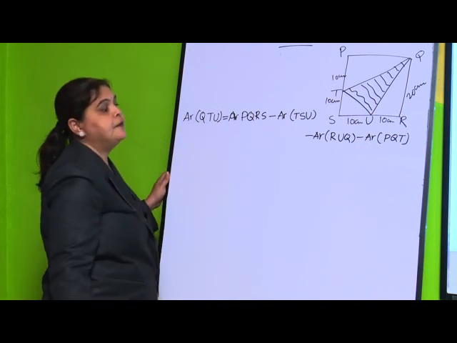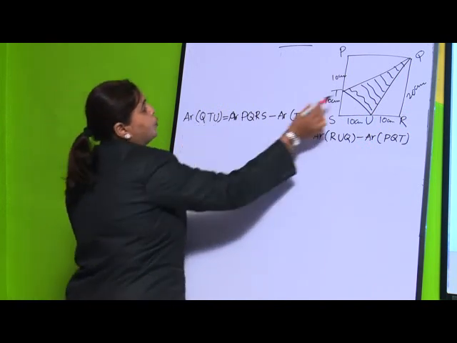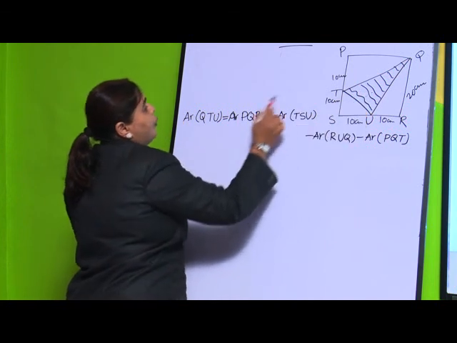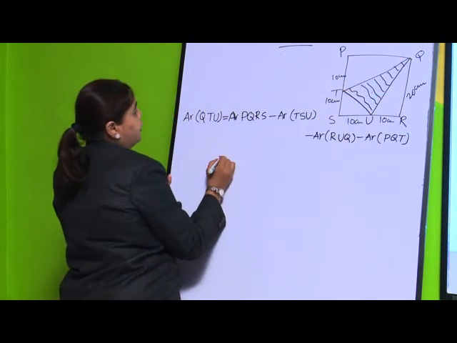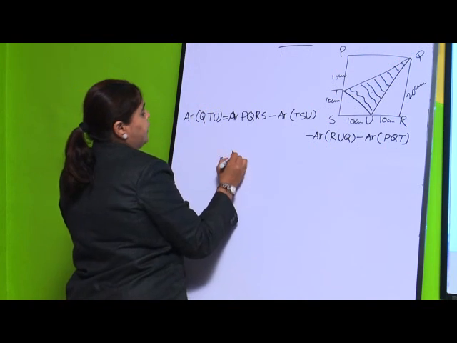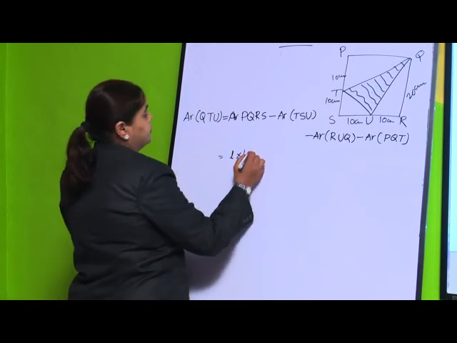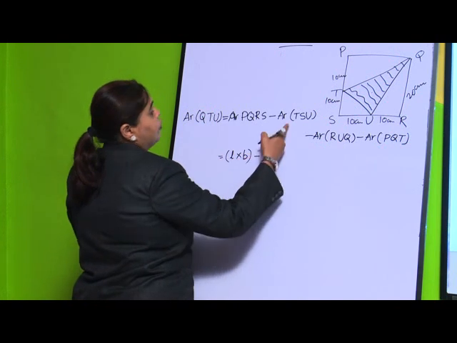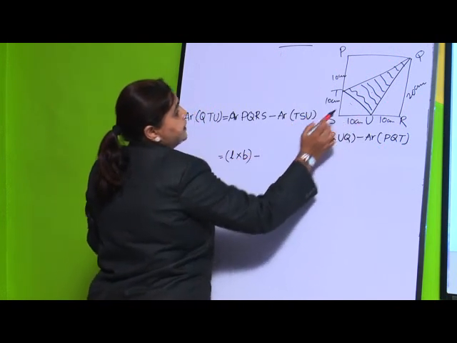Again I will explain. First, to find out the area of QTU, we have to find out the area of PQRS. So, what will be the area of PQRS? It will be nothing but length into breadth, minus what is TSU? TSU, what is it? It is a triangle.